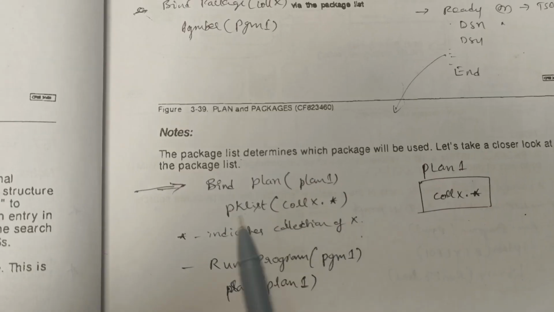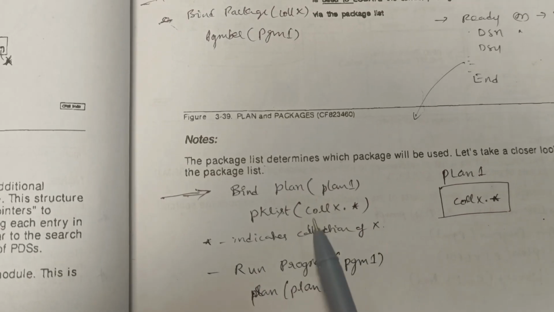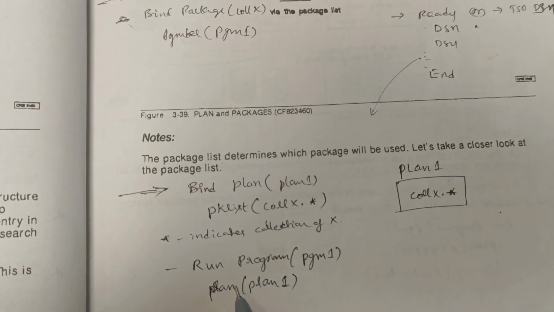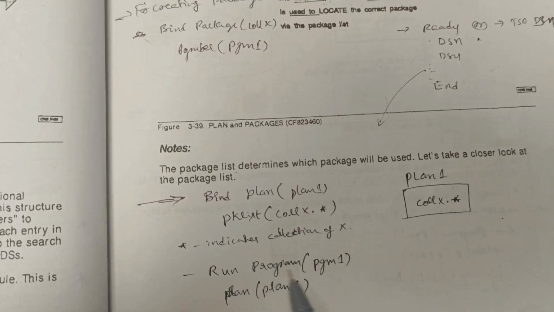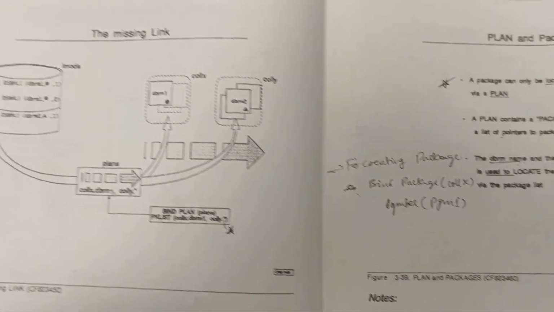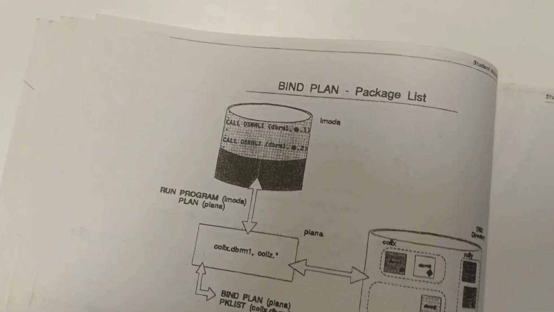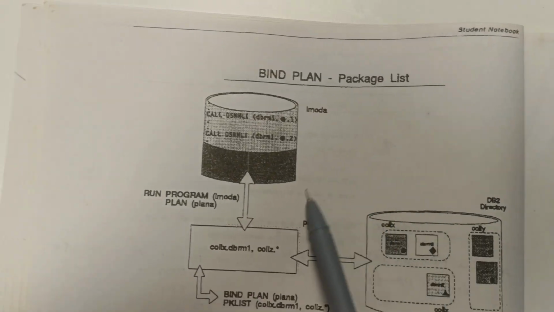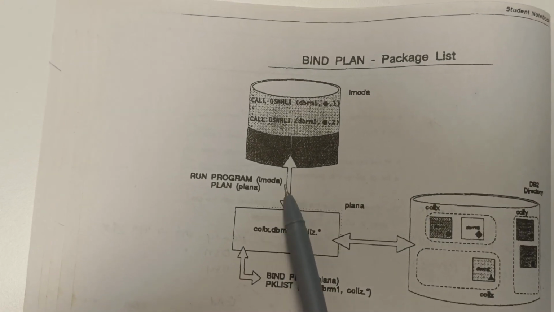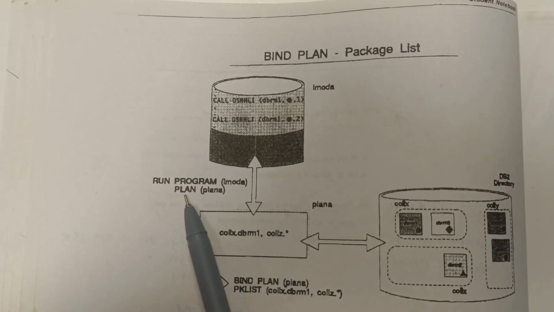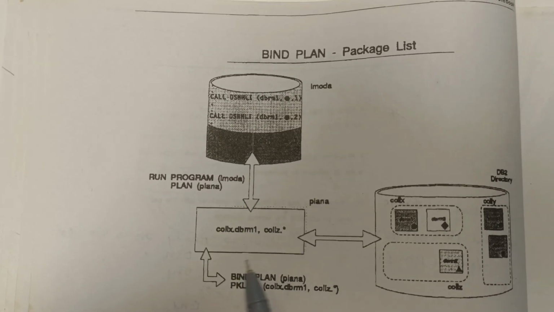Bind plan package list indicates the collection X and other collections. While running the program, we have to give run program name and which plan we are going to execute for this program. You can see this is the bind plan package list, and while running the program you give the program name you are going to execute and the plan name.